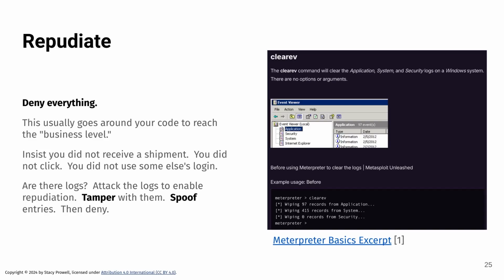There are tools to let you modify and clear the logs. Windows is a little bit more rigorous in some ways than Linux in this regard, but you can still get there. So if there are logs, you should consider tampering with them, spoofing entries, etc.